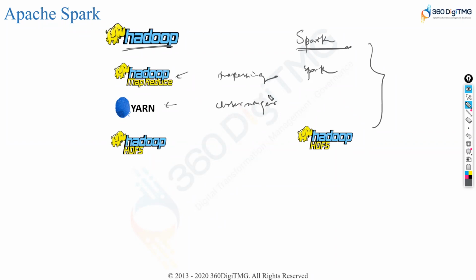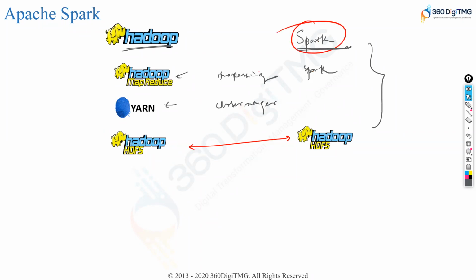We deploy Spark on top of Hadoop and take advantage of the infrastructure that Hadoop gives us. So that's about the cluster manager, Yarn. Then you see the actual storage on HDFS, the distributed file system. So this is your first comparison that we need to do. Later on, we can do other things.